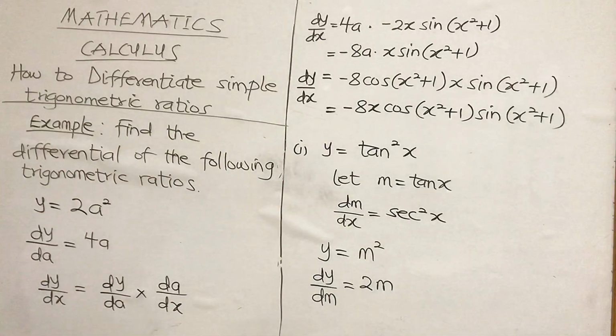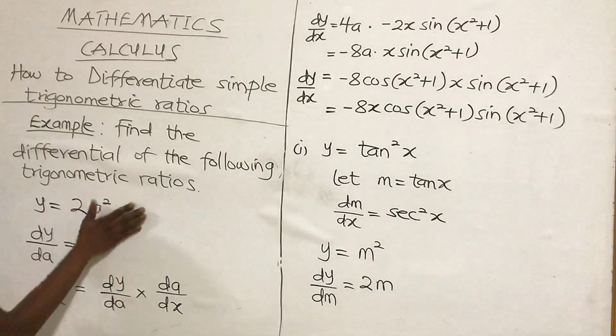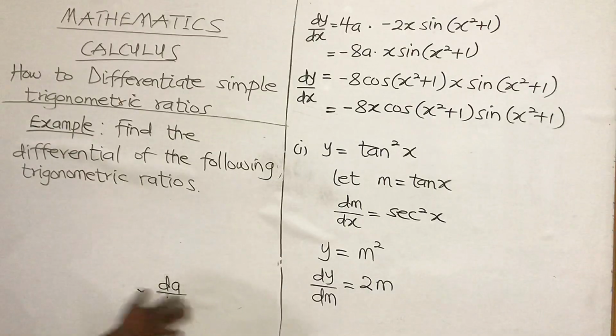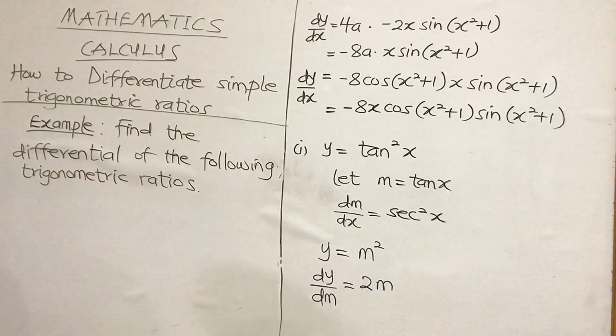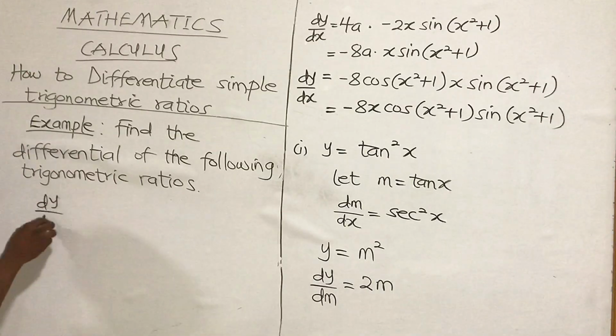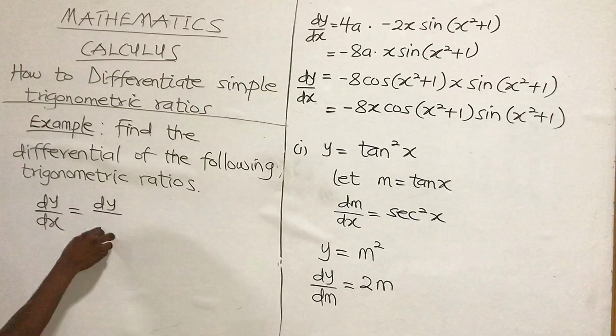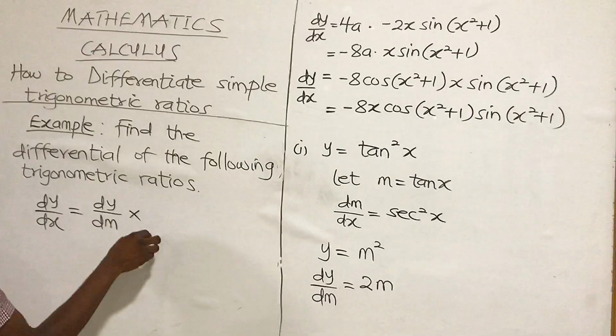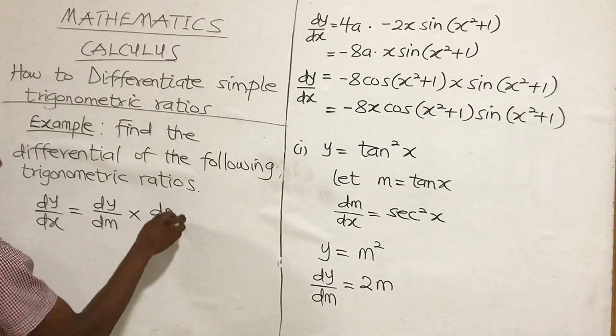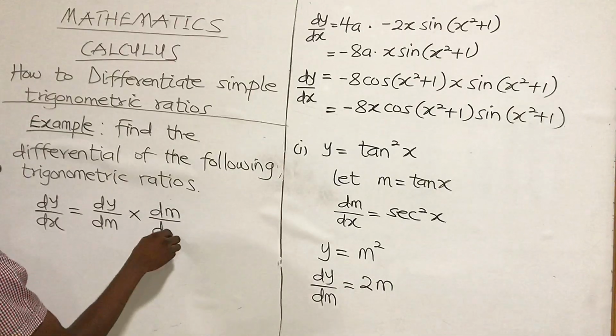So now we can get the final answer here. So dy over dx is the same as dy over dm multiplying dm over dx.